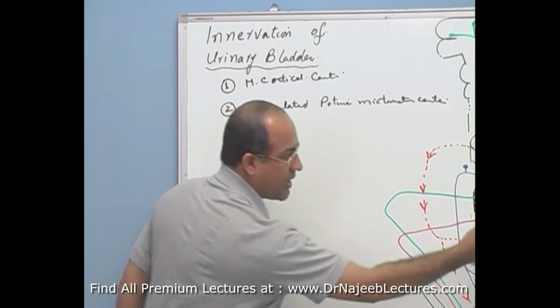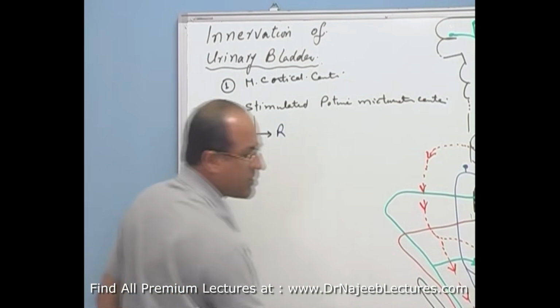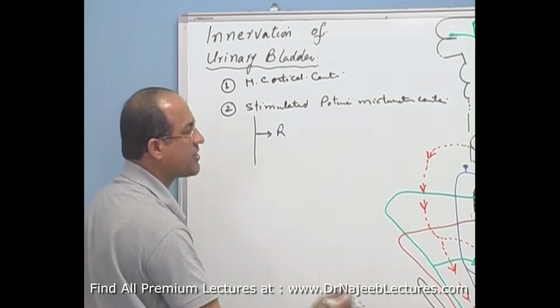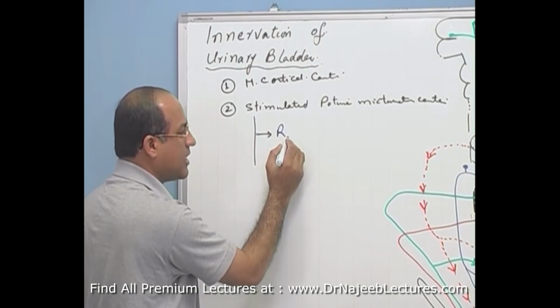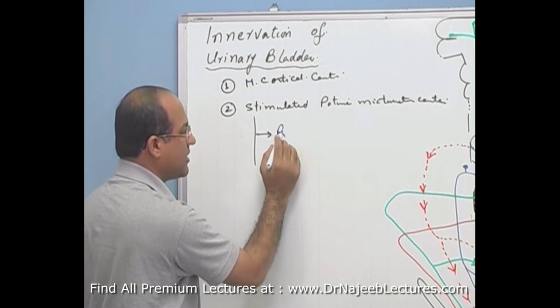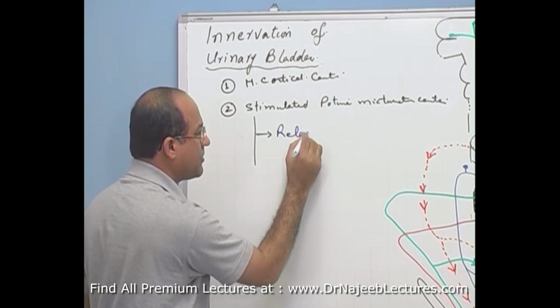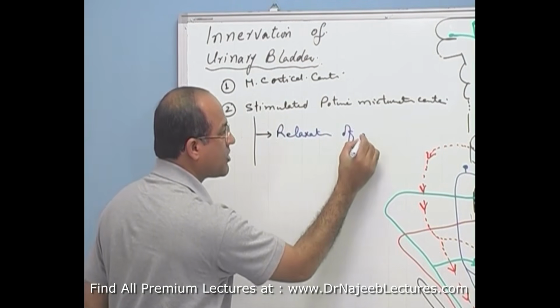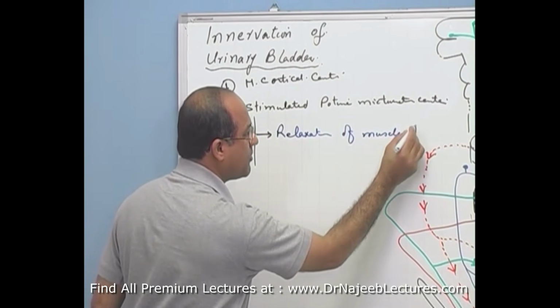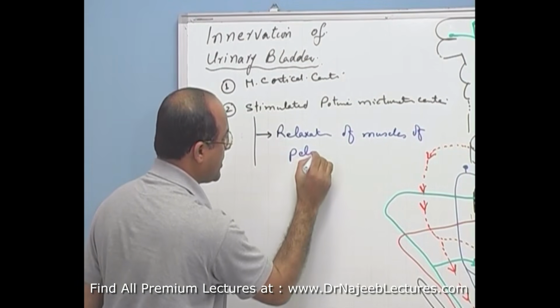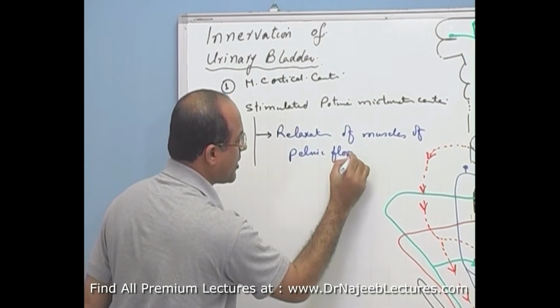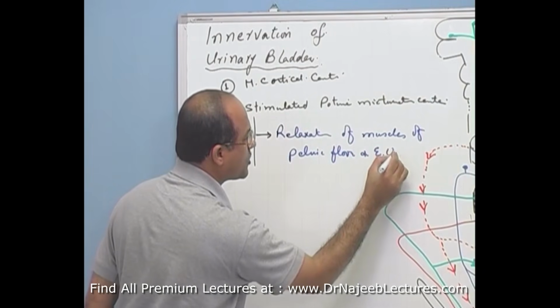When the somatic outflow is inhibited, it means the muscles of the pelvic floor and the external urethra are relaxed. The external sphincter of the urethra is relaxed. So what really happens? Relaxation of the muscles of the pelvic floor and the external urethral sphincter.